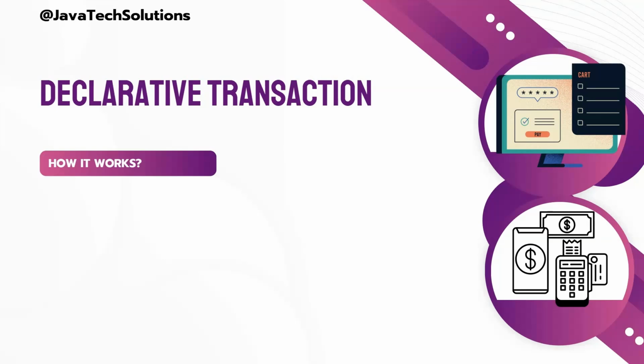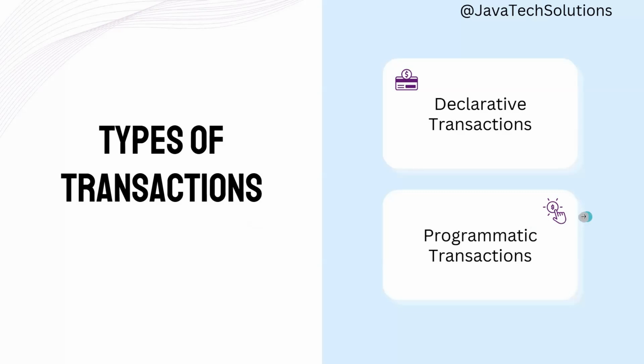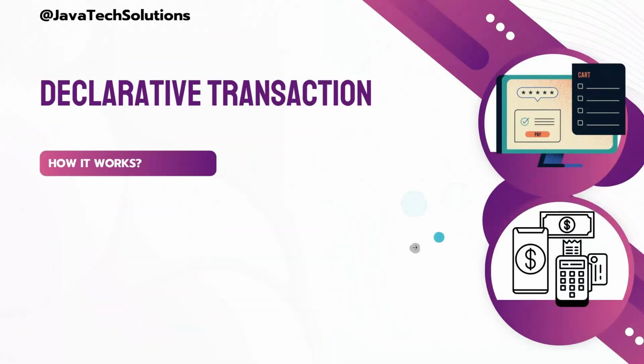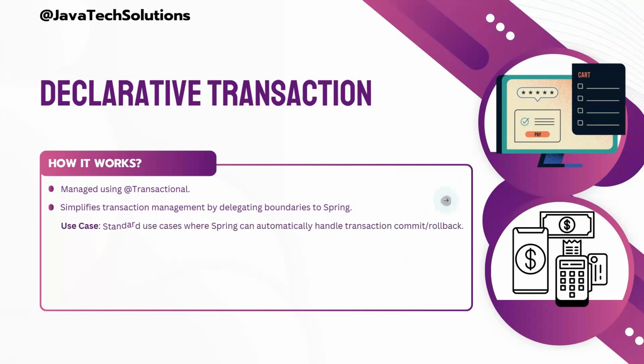So that means this is very easy. We just need to apply it on the method level or the class level, like this @Transactional annotation. As you can see, it's basically managed using @Transactional. It basically simplifies the transaction management by delegating boundaries to Spring, right?